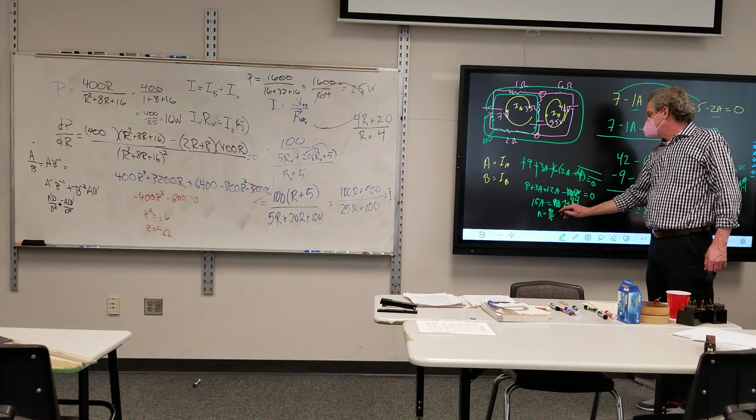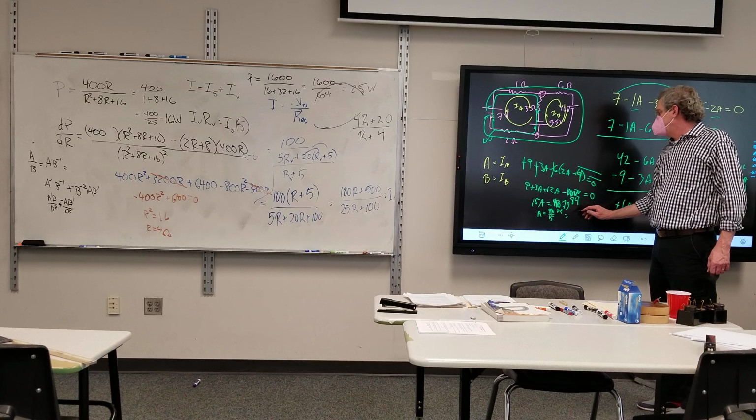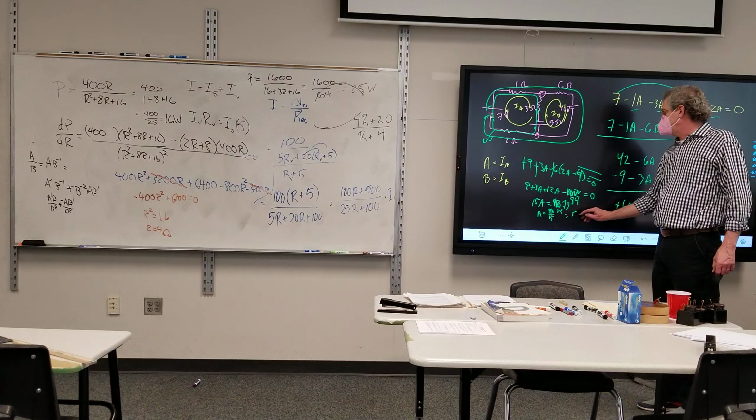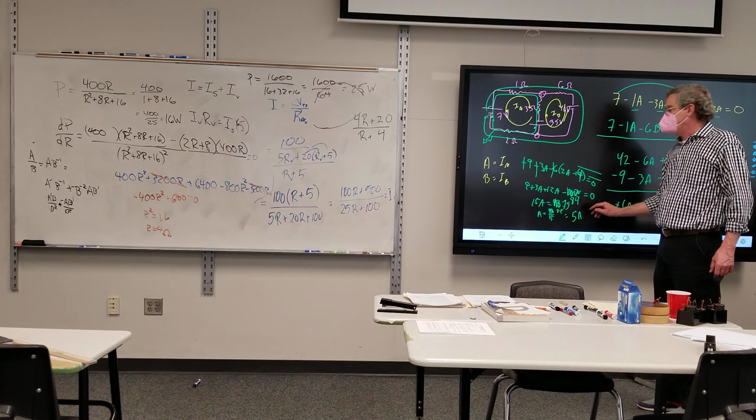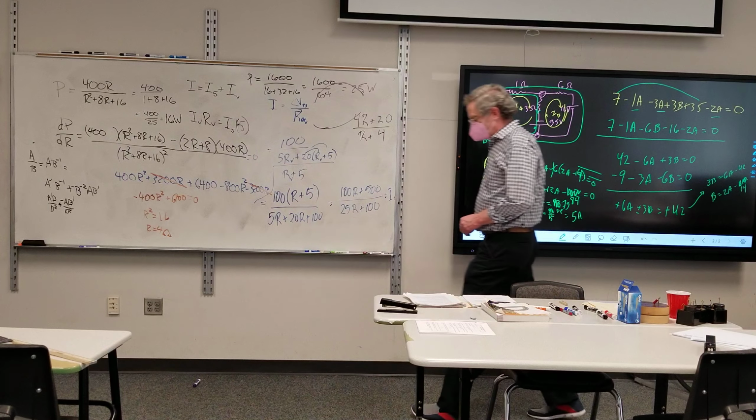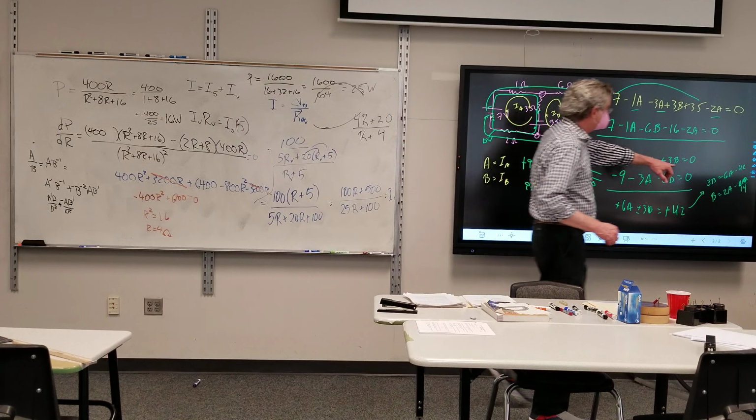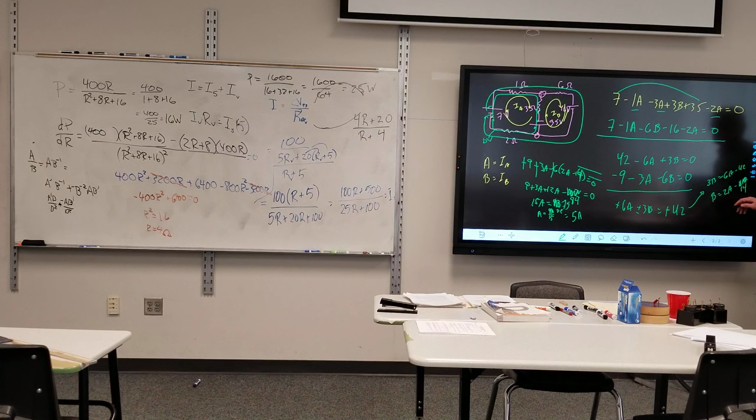Okay. That's 5 right there. 15. 5 amperes. So for B, we got an equation over here, so that's 10 minus 14, or negative 4 amperes.